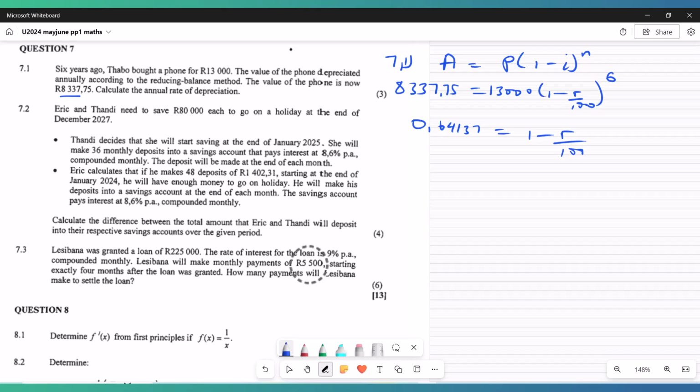Now to remove the 6 here, I find the 6th root. So what do you get there? Shift 6th root of this answer here. It gives me 0.92864.